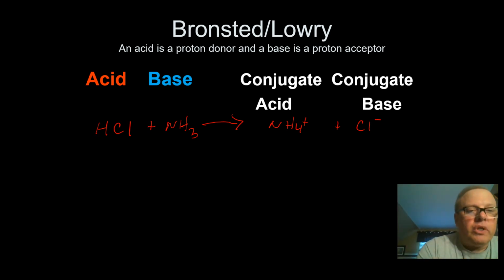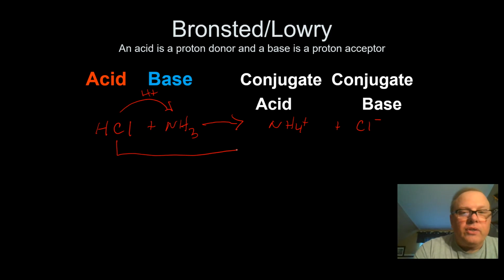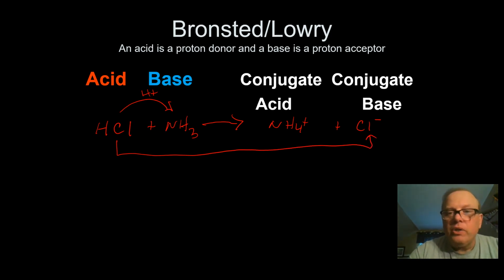Okay, now let's connect them. What happened was this. Our hydrogen went from the acid to the base. That's where the hydrogen was transferred like that. Now, hydrochloric acid was the acid, and the anion that's left behind, the conjugate base, is the anion left behind from the acid.